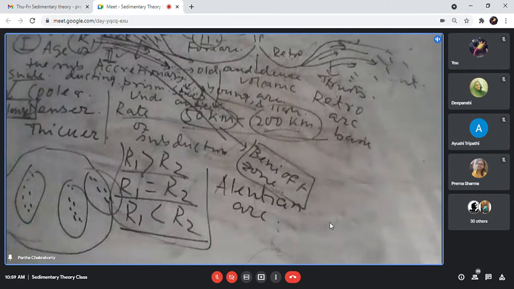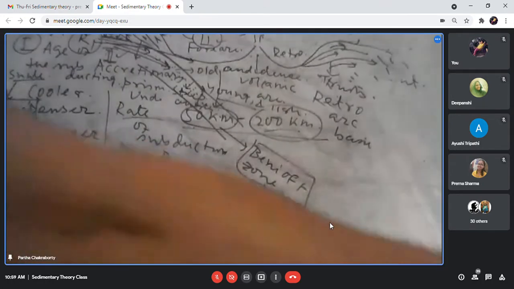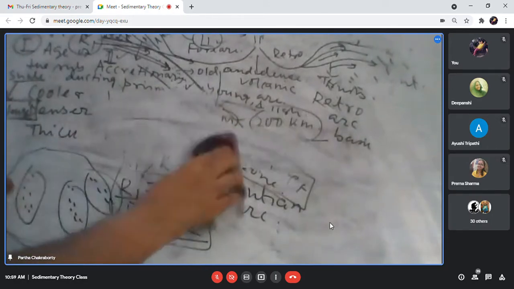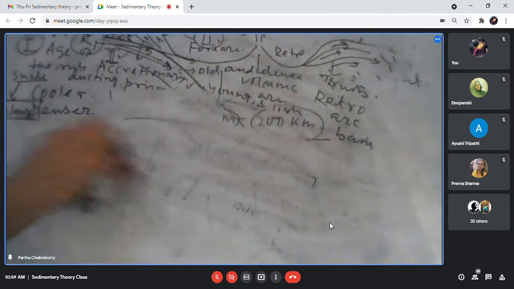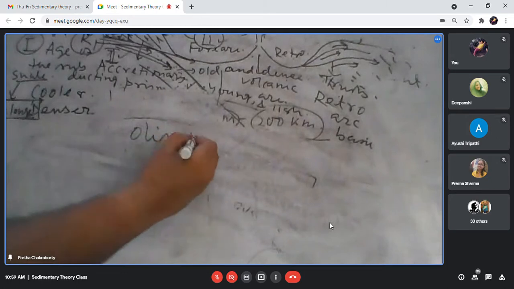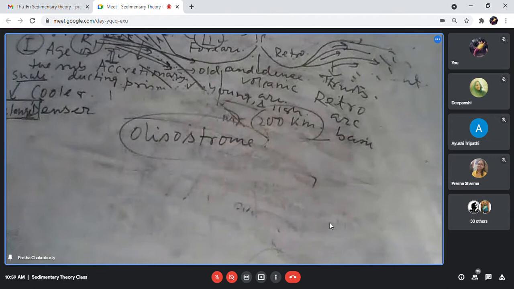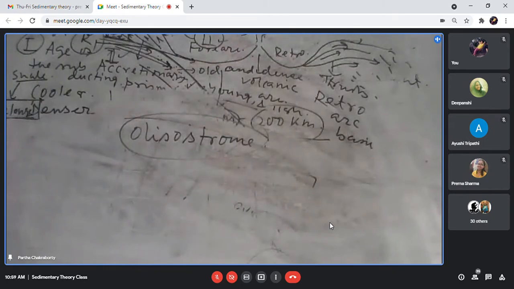The rootless boulders are called olistostome. What are they called? The rootless boulders are called olistostome. What was the assemblage of melange, sir? It is rootless boulders.